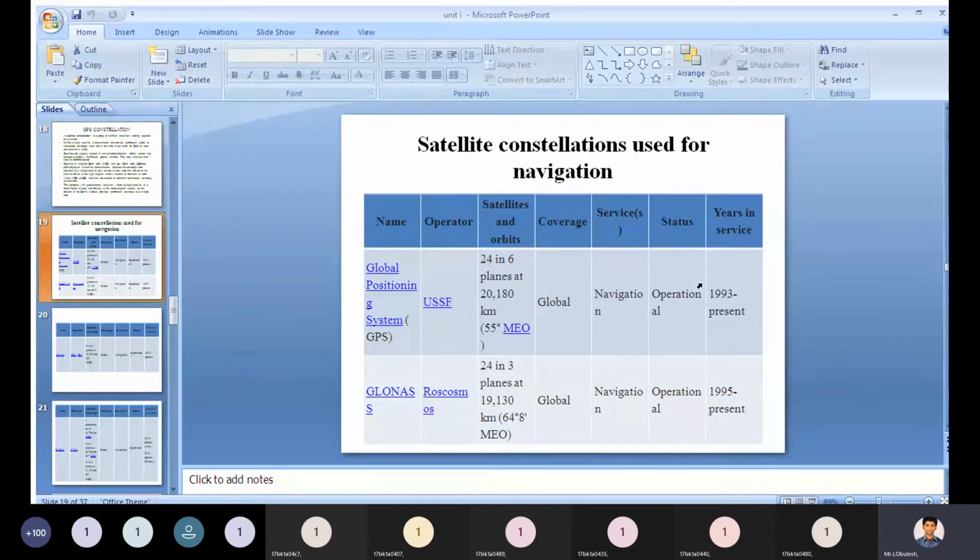It is operational from 1995 till now. So this is the basic description of GLONASS.